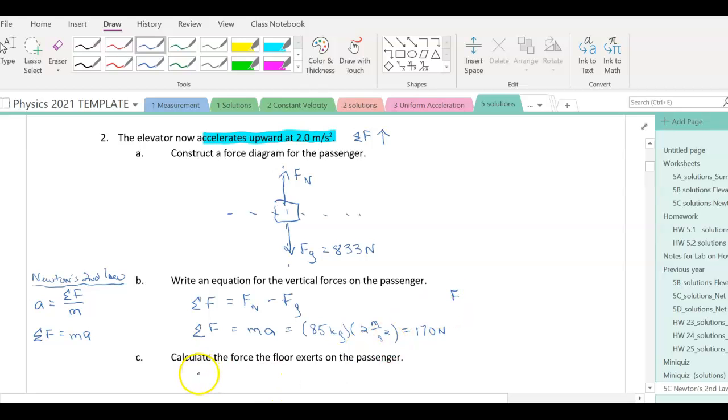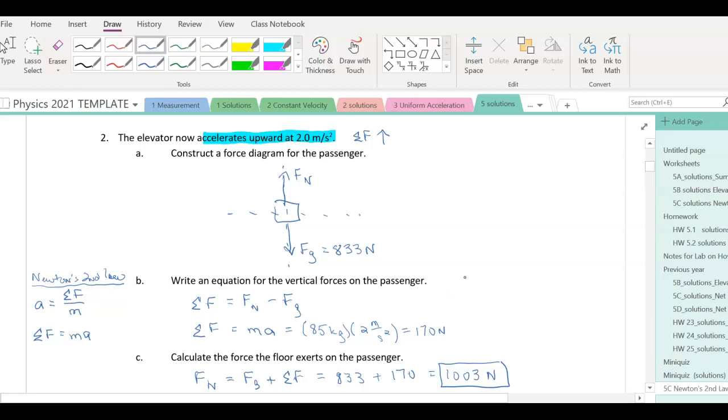The normal force is going to be the gravitational force plus that net force. So that's going to be 833 plus the 170, which is 1003 newtons.